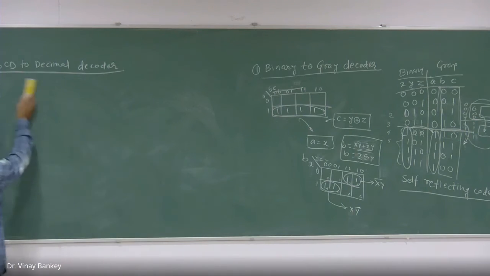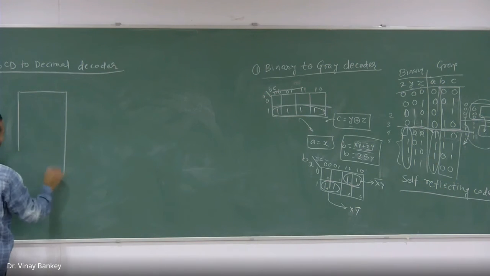So here, how many inputs do you need? BCD numbers are defined for 4 variables. So 4 inputs, and the output will be 10. Correct.